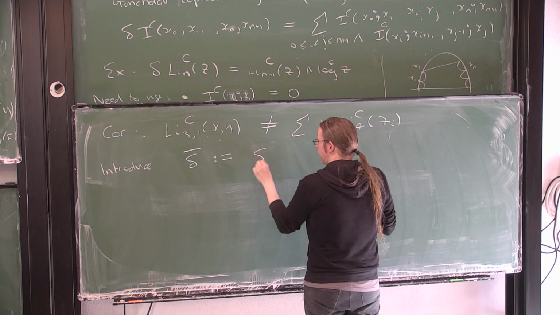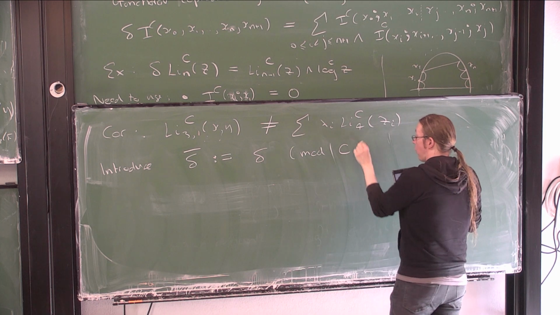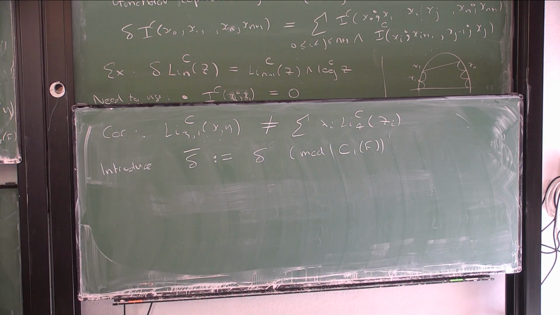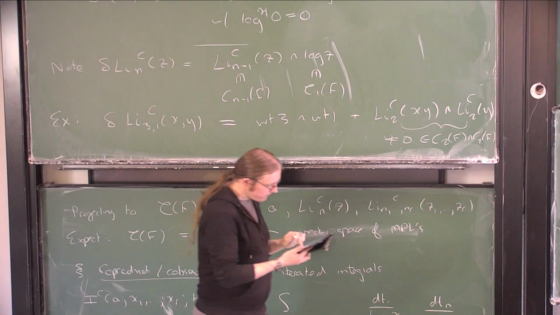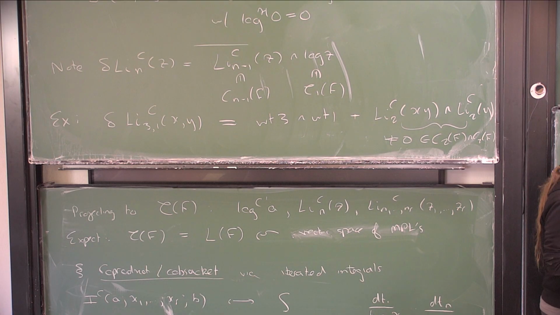By that I mean take the cobracket and mod out by the weight 1 piece. Whenever you see terms involving weight 1 here, just send them to 0. So then you see from this example, this truncated cobracket would detect when something can't have depth 1.